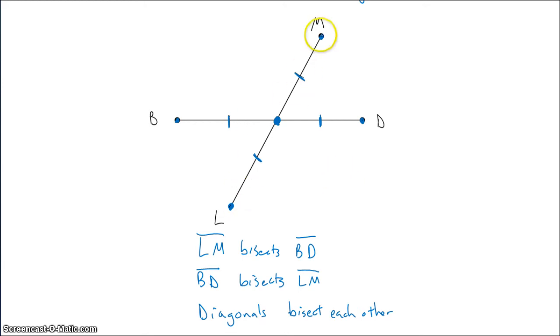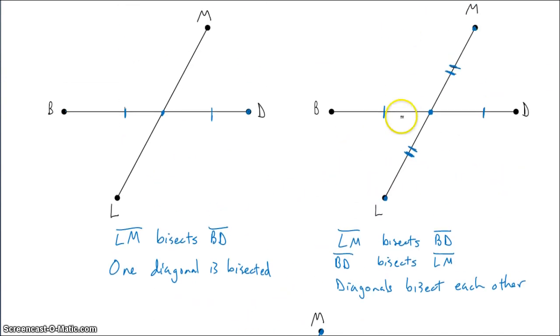And if I look at my entire diagonals, the entire length of BD is going to be congruent to the entire length of LM. That's different than example 2, where my entire length BD is not congruent to my entire length LM because they're made up of different parts. I have congruent parts within each diagonal, but the entire diagonals are not congruent.